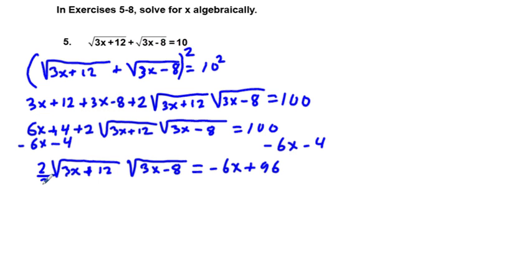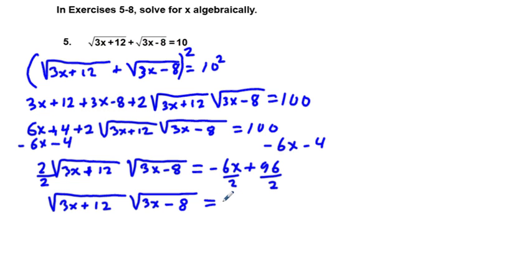The next thing we're going to do here is we can divide by 2. So dividing by 2 from all terms, we're going to have on the left side quantity 3x plus 12 times quantity 3x minus 8 is equal to negative 6 divided by 2 is 3, so we're going to minus 3x, and then 96 divided by 2 is going to be plus 48.